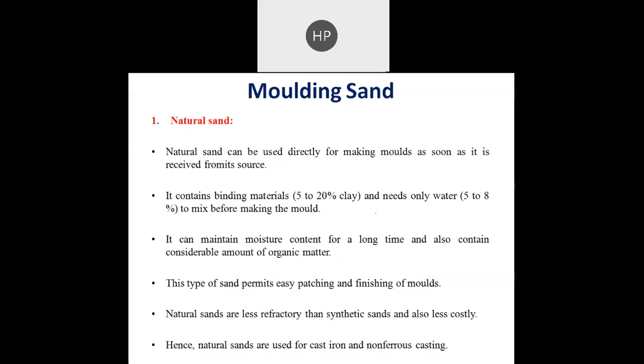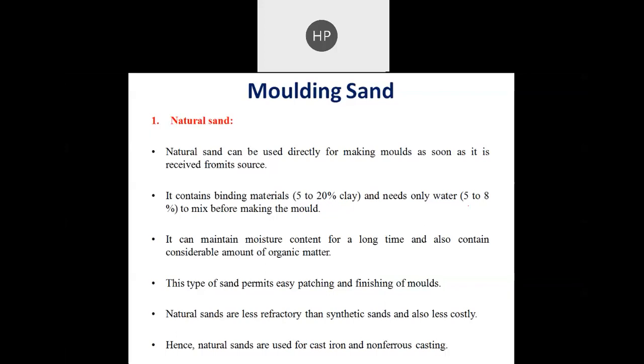Whatever sand we collect from the source, we can directly use without any processing. That sand is natural sand, and it contains binding materials, like 5 to 20% of clay, and we add around 5 to 8 percent of water to mix.